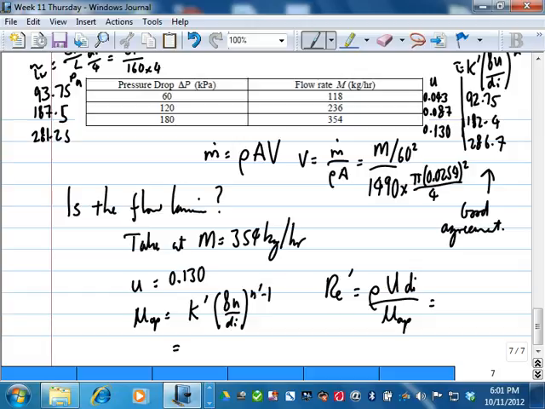If the highest flow rate is laminar, you expect the lower flow rates to be laminar, so don't need to check all three. At 354 kg per hour, the velocity is 0.130. Calculate mu AP and RE prime. I expect it to be less than 2,200. So, laminar. Safe.